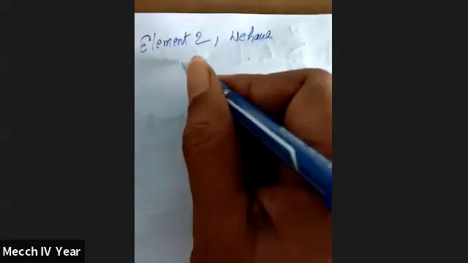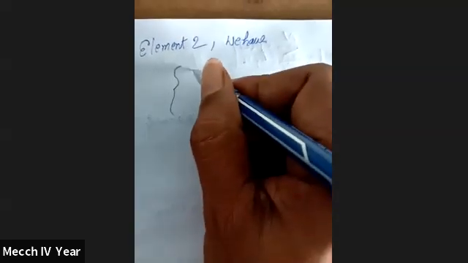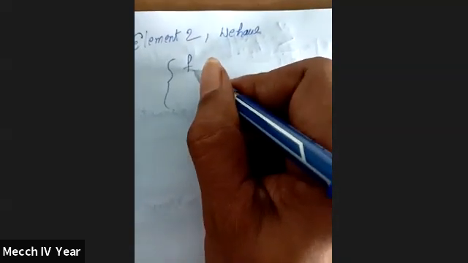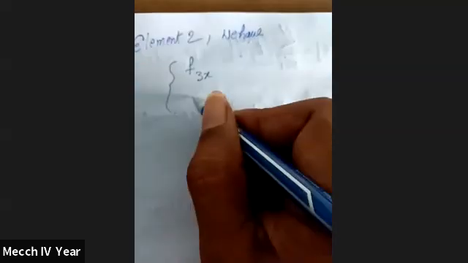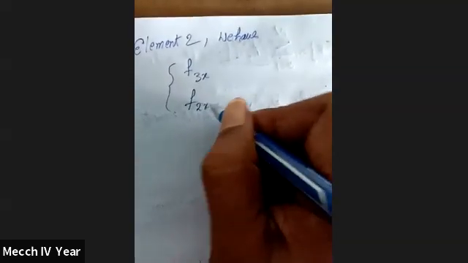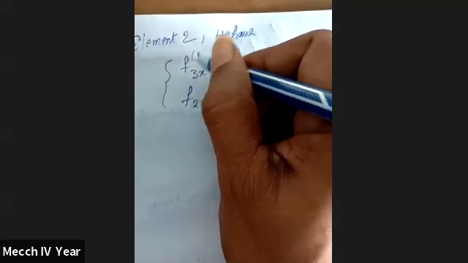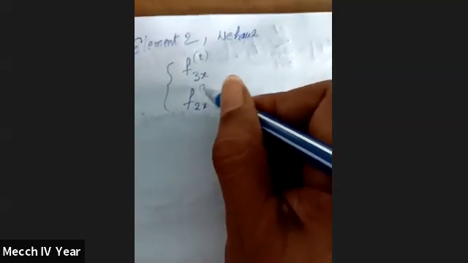What we have? We have f3x, f2x, the element is 2, element 2.